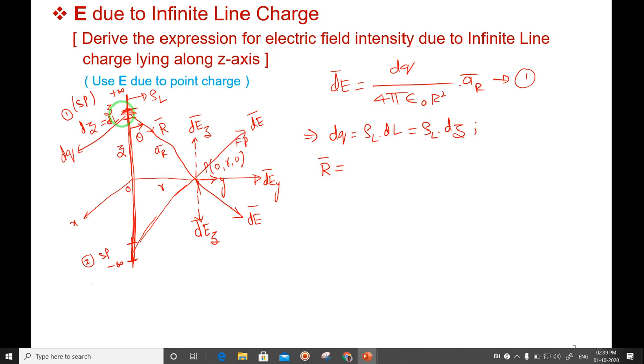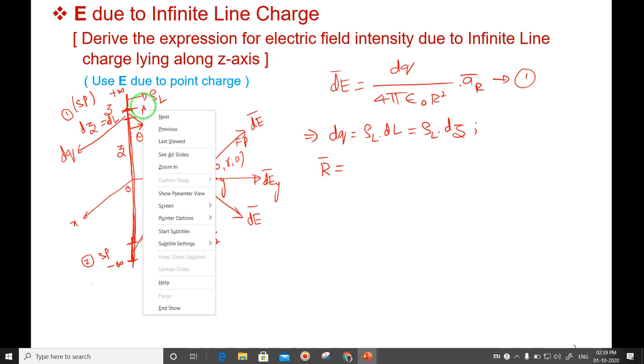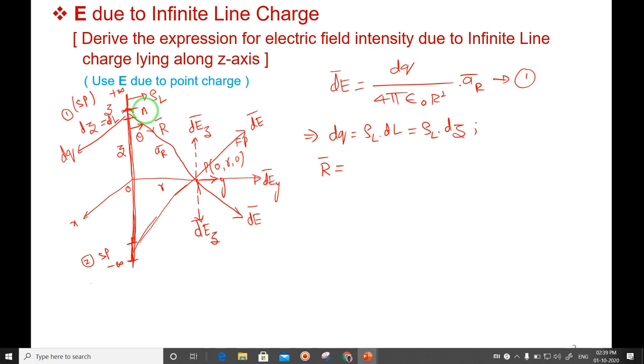What are the coordinates at this point? Let me call it a. This is z, right? X is 0, y is 0, and it is at distance z from the origin. So the coordinates of this differential length are 0, 0, z. One point is 0, 0, z and the other point, the field point, is 0, r, 0.